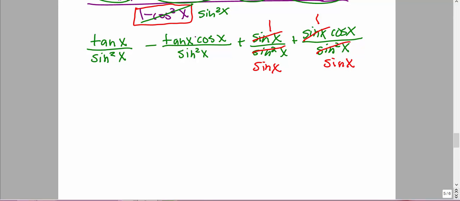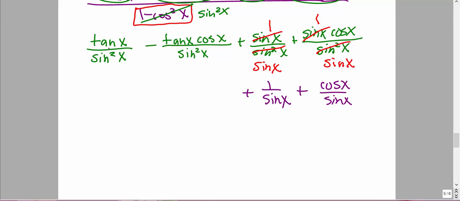Now for the others, they don't have something that will directly immediately cancel out, but we can start to think about changing everything to be in terms of sine and cosine. So these right two fractions, things cancel out pretty obviously, but on the left hand side, these left two fractions rather, things don't immediately seem to cancel out.